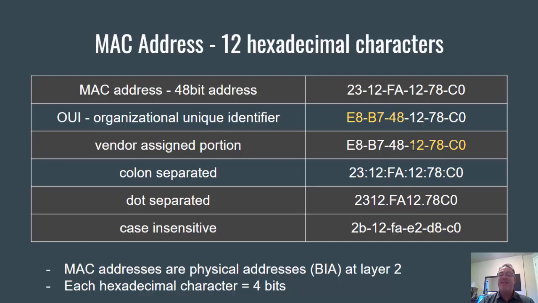And then the last 6 characters is the vendor assigned portion. So the first part means it's a Cisco NIC. The second part is what Cisco assigns to the NIC, and that's supposed to be unique. There should not be another Cisco Ethernet port with this number on it.